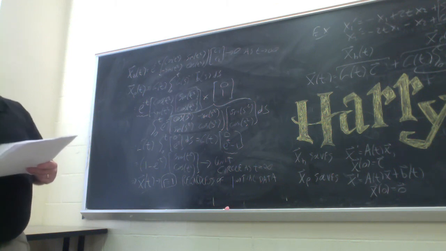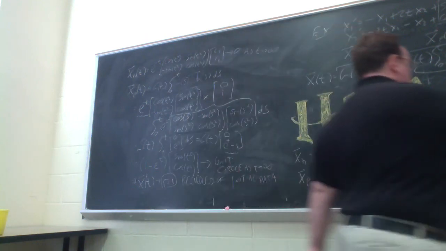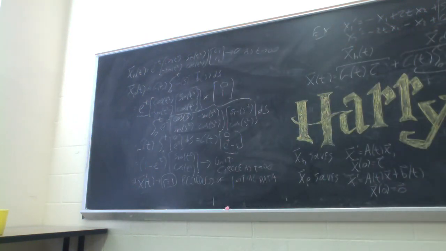Now, I still have some time left, not a whole lot. But during the rest of the time, and then whatever time I need on Wednesday, I'll talk about a special case. We've already specialized down to linear systems, and now we specialize further to constant coefficient systems.